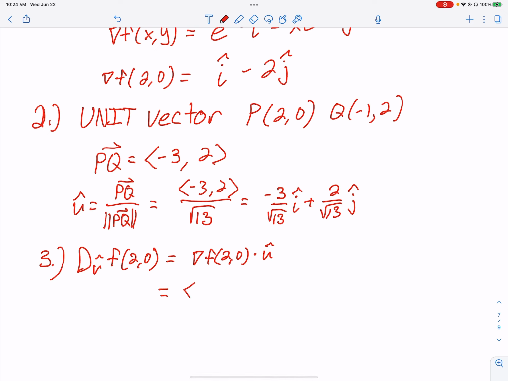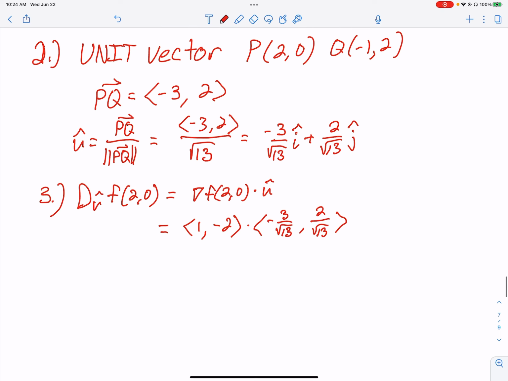So we have the vector 1, negative 2, dotted with negative 3 over root 13, 2 over root 13. I do all that, I get negative 7 over root 13. Work it out, you double check that.